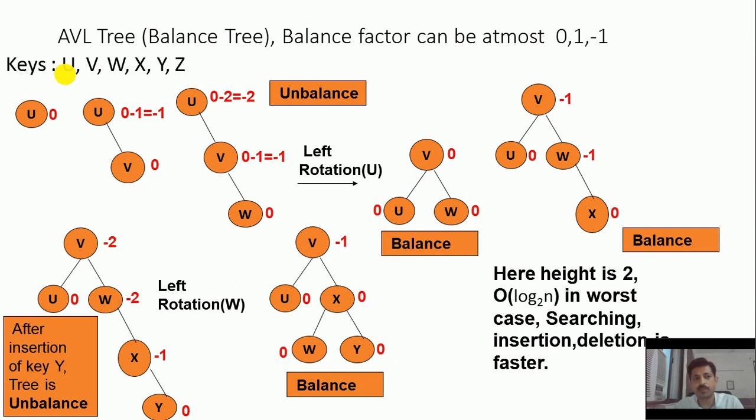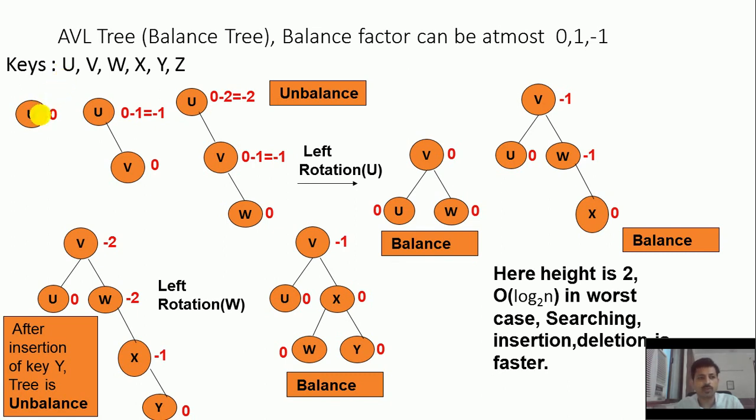But we can store these keys in an AVL tree in order of log n base 2, at height equal to 2, where searching, insertion, deletion, minimum and maximum element we can find faster. We are going to start the insertion of these keys for the AVL tree.